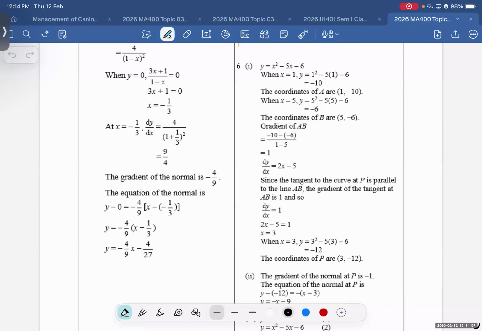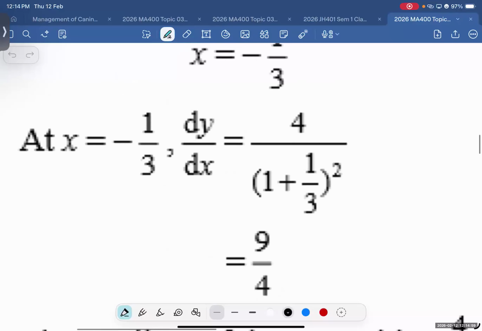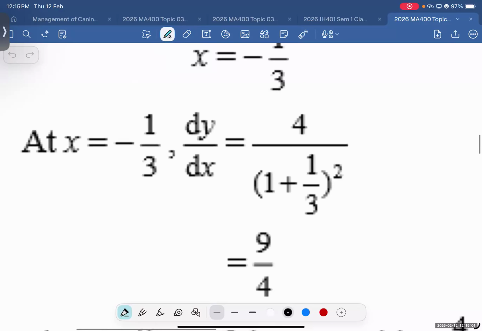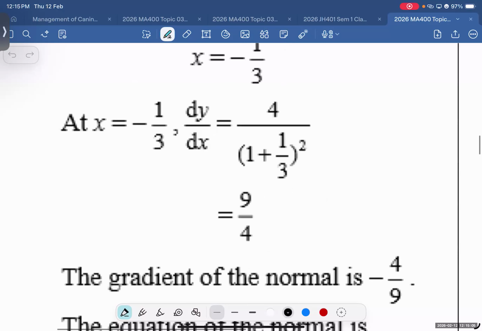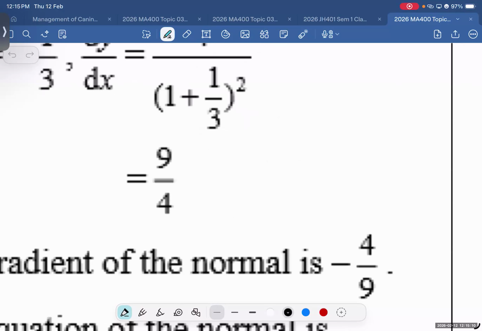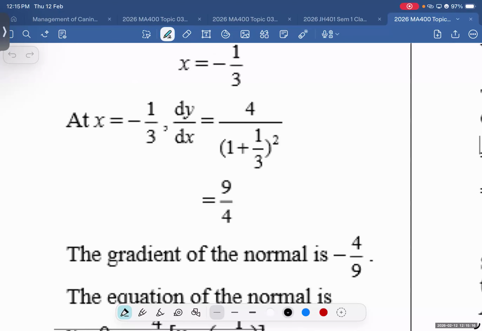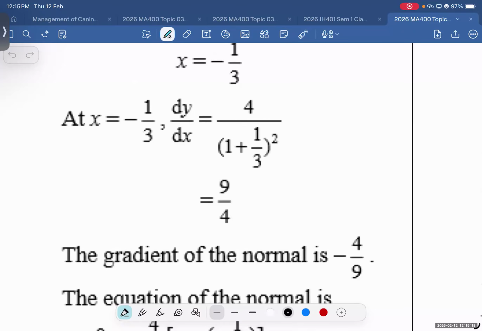Is this your dy dx? 9/4. Did you flip to negative 4/9? Okay. So checking by milestones. This is also how you can check. You know the key major steps.